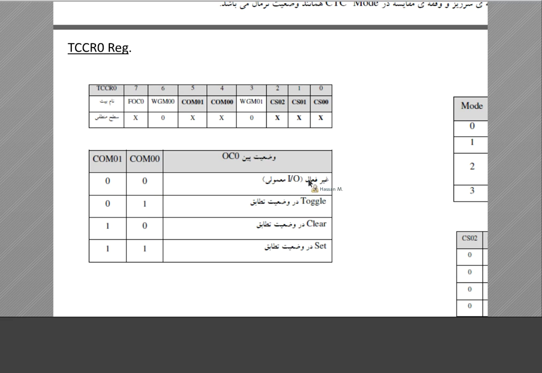0, 0 means inactive, passive. That means OC isn't connected to the timer.